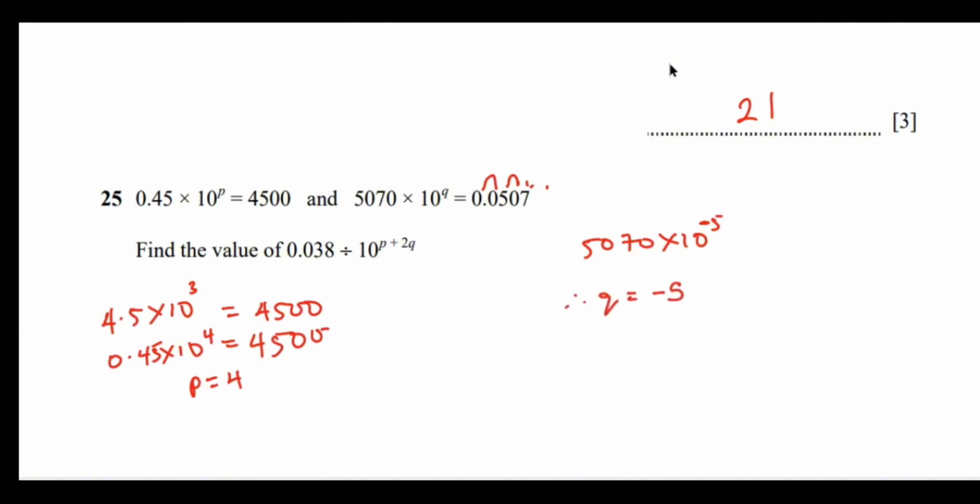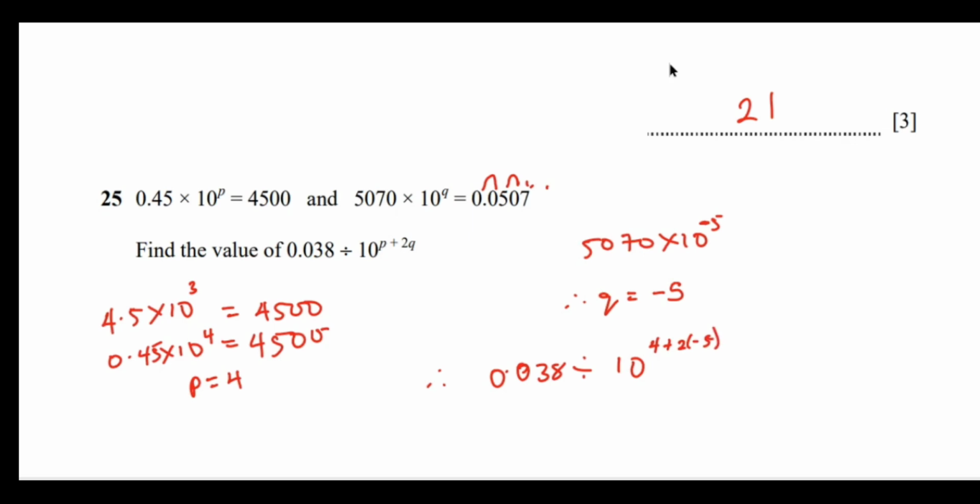So if we're looking for this, that will give us 0.038 divided by 10 raised to power 4 plus 2 into minus 5.